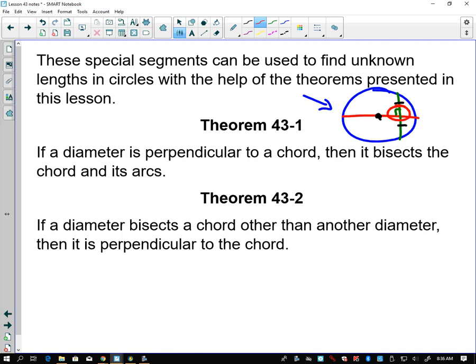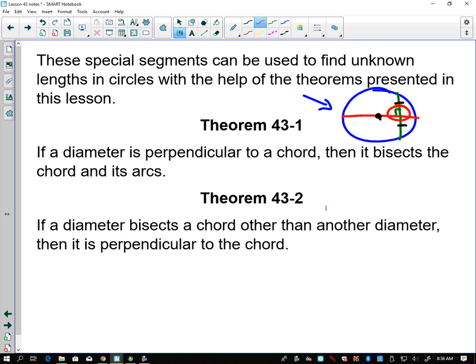Even if they haven't shown me the right angle indication, I know that it's a right angle because it's been bisected. So you have one that is a converse of the other. If I know it's at a right angle, then I know it's been bisected. If I know it's been bisected, then I know they're perpendicular. Does that make sense?